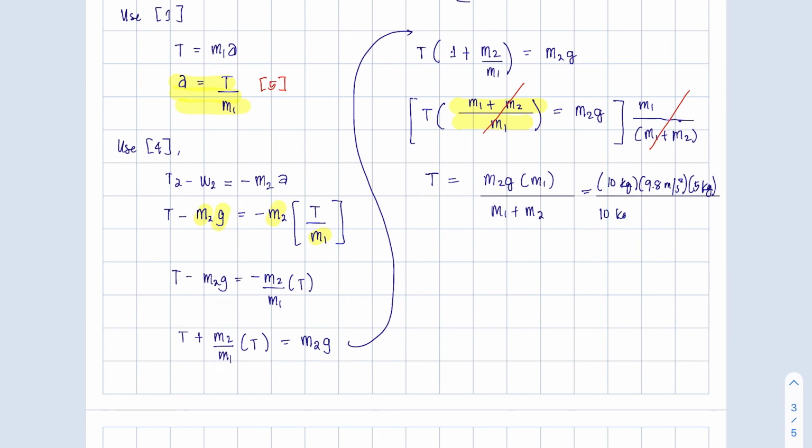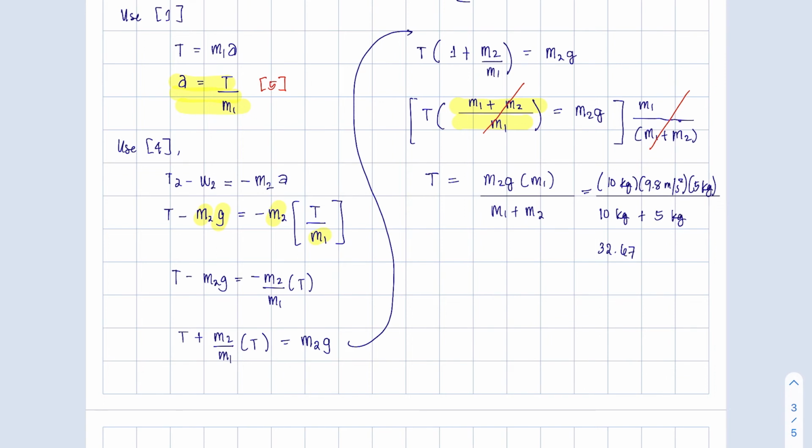So I have 10 kilograms plus 5 kilograms. So we are going to use the calculator here. 10 times 5 times 9.8 divided by 10 plus 5, so that's 15 kilograms, and that will give you 32.667. And take note of the units now.